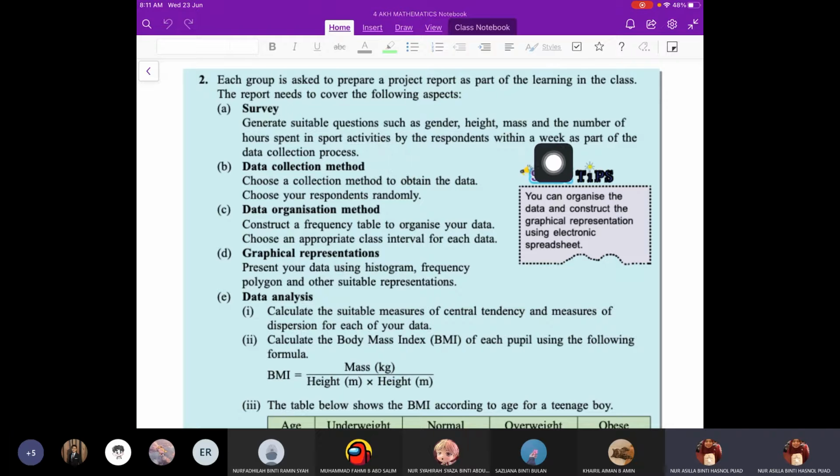And then kalau tengok time frame for activities tu dia dah tetapkan within a week as part of the data collection process.